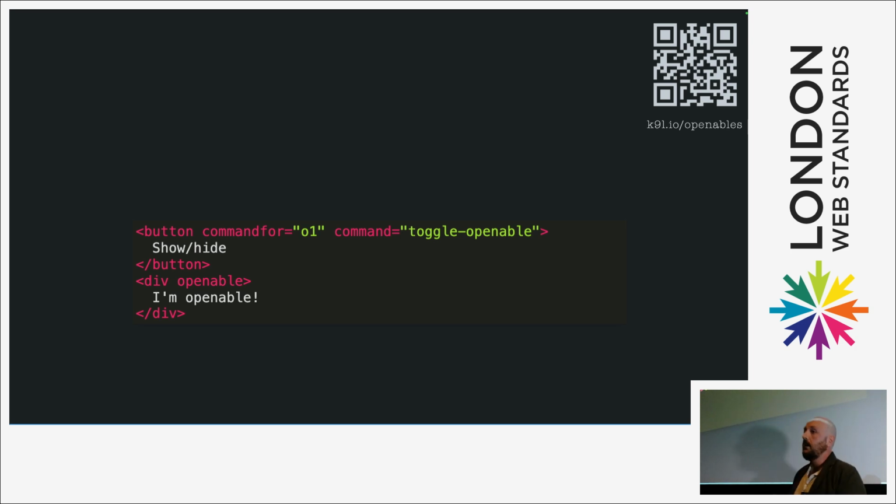The OpenUI working group is also working on entirely new features. We saw popover earlier. We're also thinking about more low-level primitives. And so one that we're designing is called openable. You add an openable attribute to a div or any element that you choose. And with the openable attribute, it will toggle a pseudo state, so you can design what you want to do.